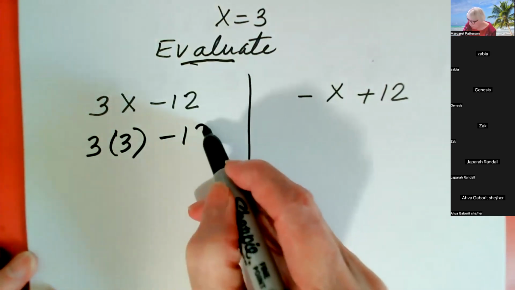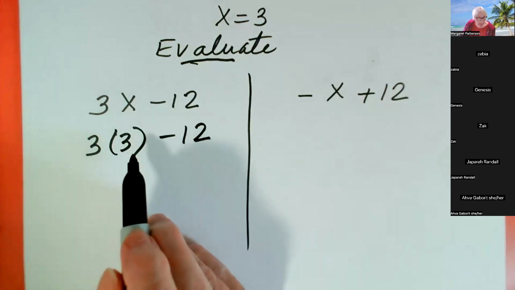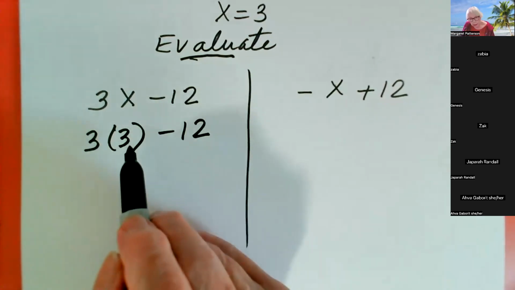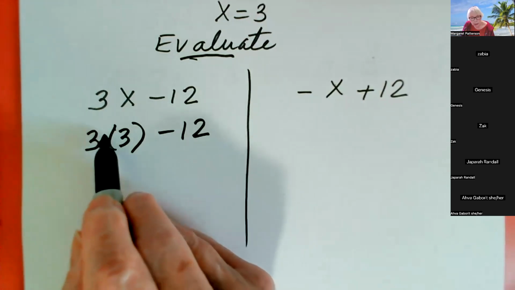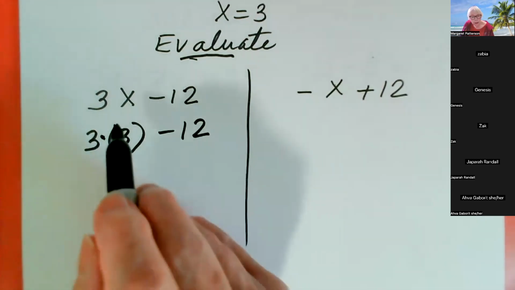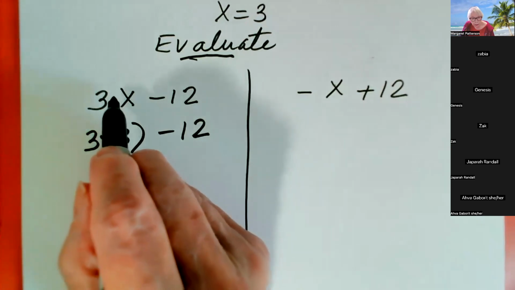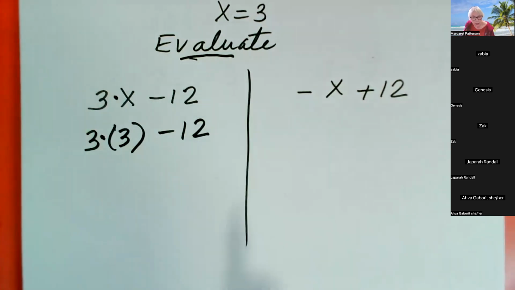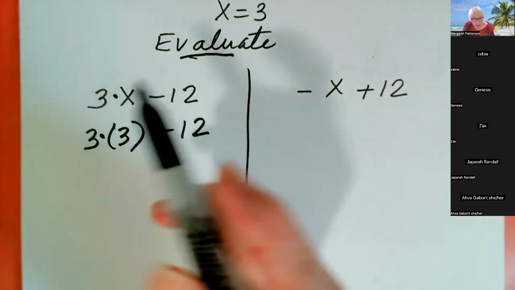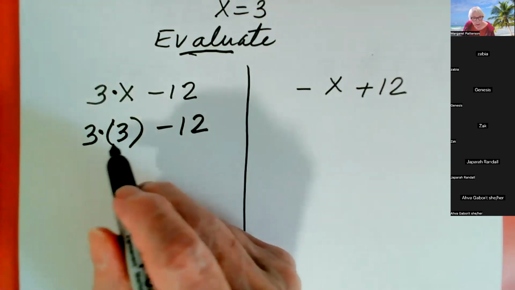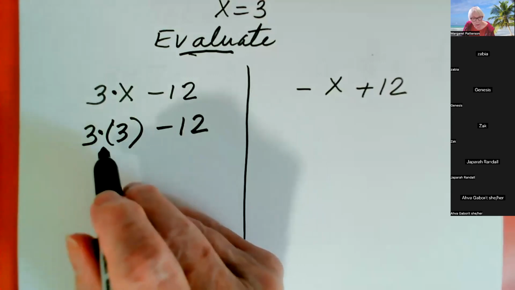And I've been encouraging you to put parentheses around it, especially when there's negatives involved. But what this does is remind you that these 2 numbers are multiplied. From the very, very beginning, those 2 numbers were multiplied. 3x meant 3 times x. And so I don't want you to lose track of the fact that these are multiplied.